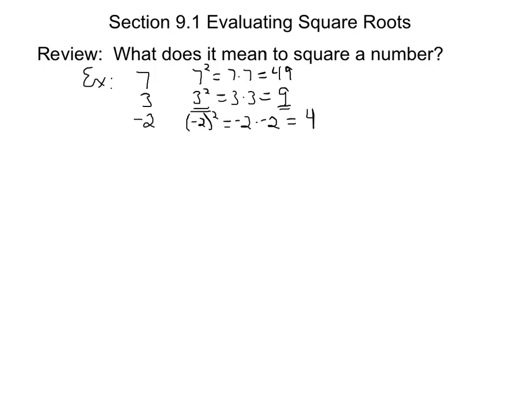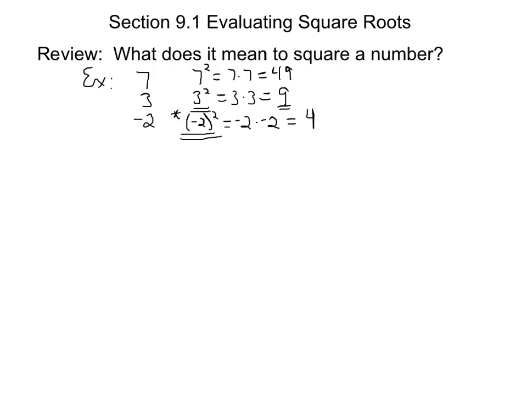So you should come up with a positive 4 on your calculator screen. If you didn't, you might have left off the parentheses. So remember, on the calculator, very important that you enter in parentheses anytime you're trying to square a negative number.